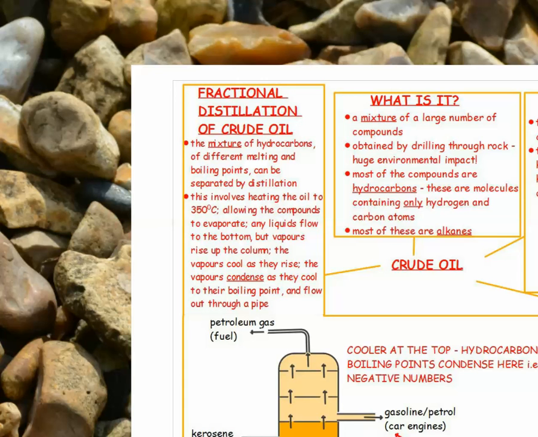Anything that's still liquid will flow to the bottom of the fractionating column, but vapours rise up the column. It's cooler at the top of the column, and the vapours cool as they rise. When they cool, they'll reach their boiling point, which means they change from vapour to liquid, so they condense. As the vapours condense, they'll flow out through a pipe.